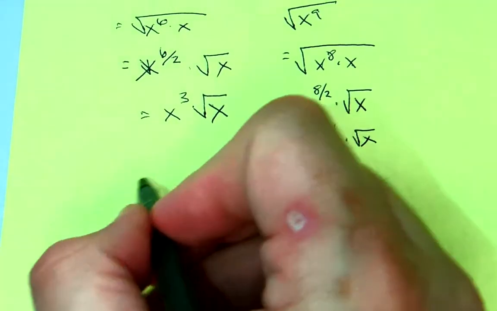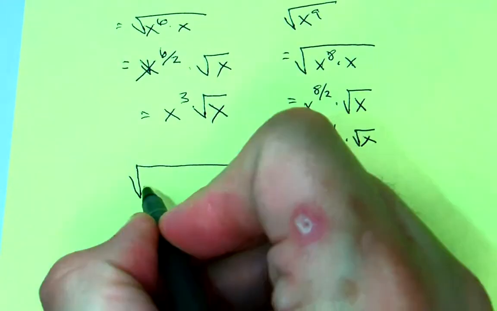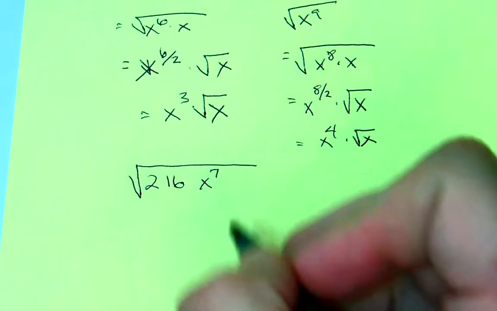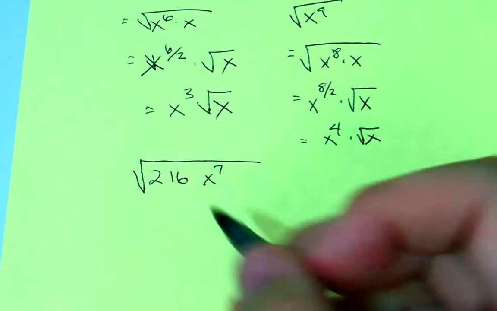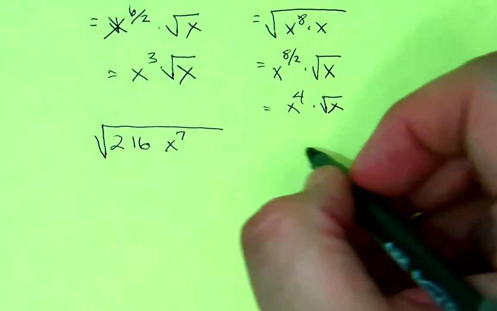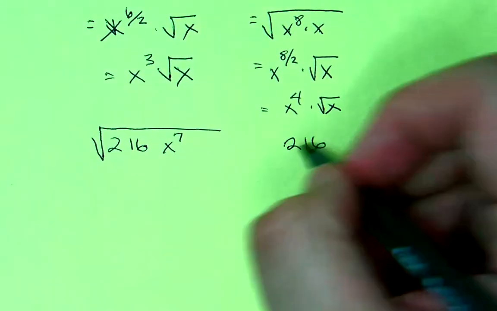So we'll have that situation, and we can put it all together and say, alright, let's say we have the square root of 216 times x to the 7th power. Alright, 216. With 216, I know it's a power of 2.